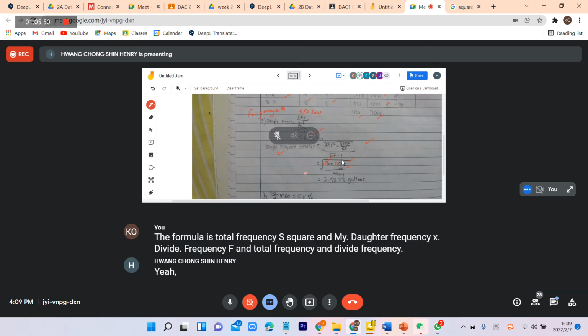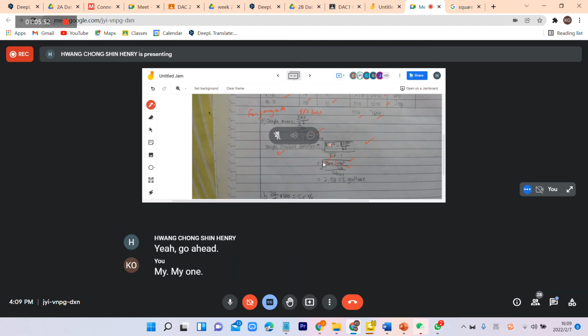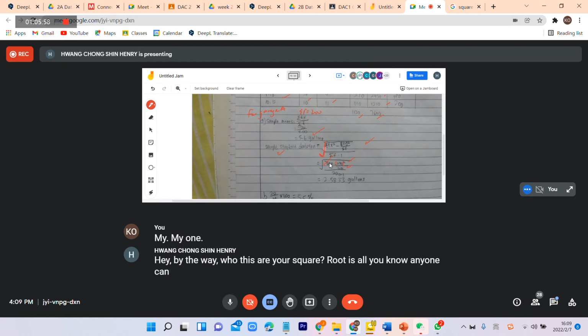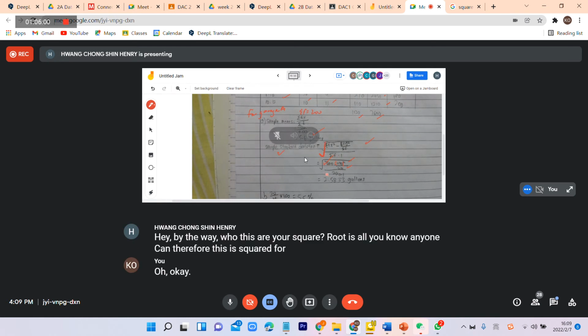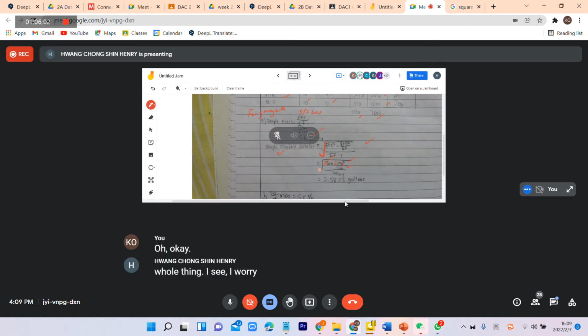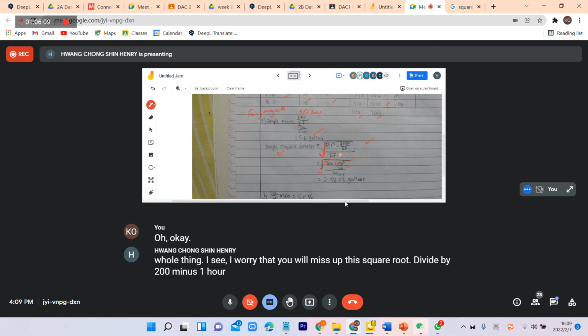Everyone, careful, this is the square root for the whole thing. I worry that you mess up this square root. Divide by 200 minus 1, total f. So only then you take the square root.